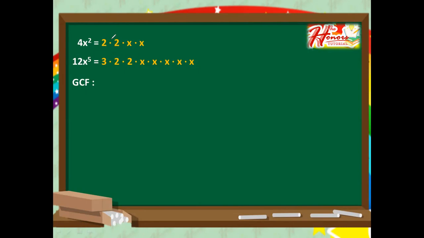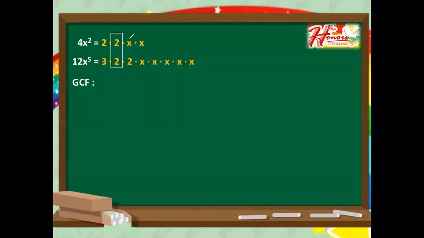So 2 and 2 can be partners because they are similar numbers. x and 2 cannot be partners because the other one is a variable, the other one is a constant number. x and x can be partners because they are both variables.